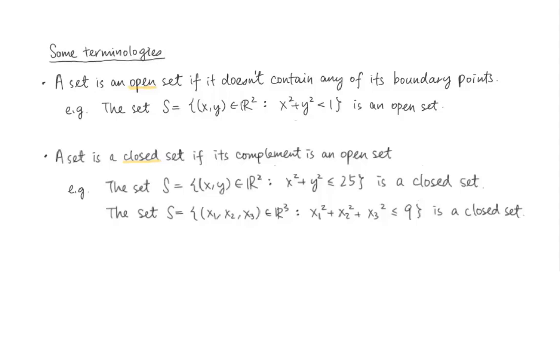Next, the set S which contains points in R3 such that x1 squared plus x2 squared plus x3 squared is less than or equal to 9 is also a closed set because the complement of this set, which contains points in R3 such that x1 squared plus x2 squared plus x3 squared is greater than 9, does not include the boundary points which are located at x1 squared plus x2 squared plus x3 squared equals 9.